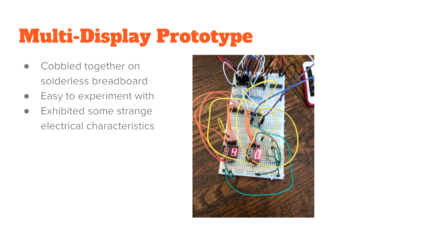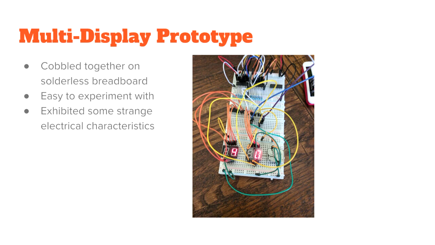One thing, I observed some weird electrical characteristics. I don't fully understand it. I think it has something to do with the length of the wire and the rate at which I was flipping these digits back and forth. There was weird interference, and it messed with the internal state of the shift registers.